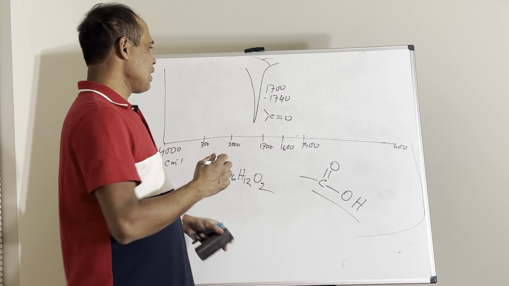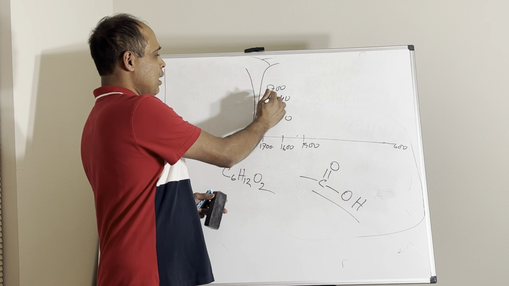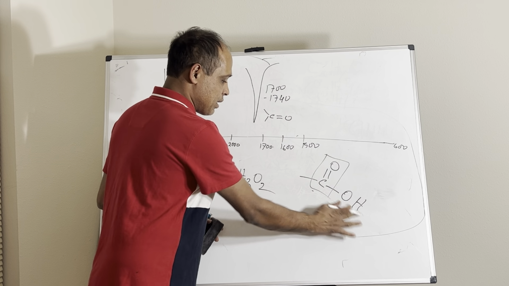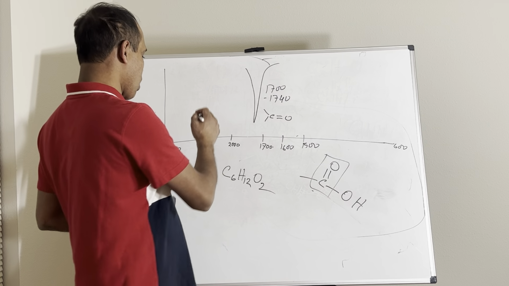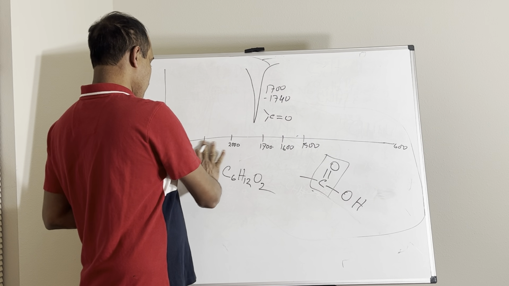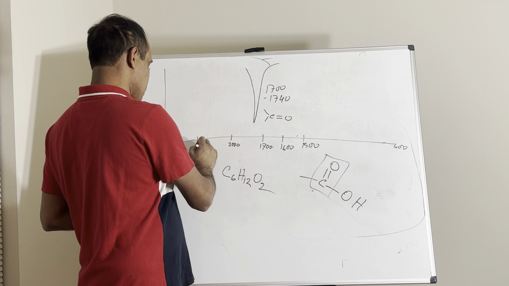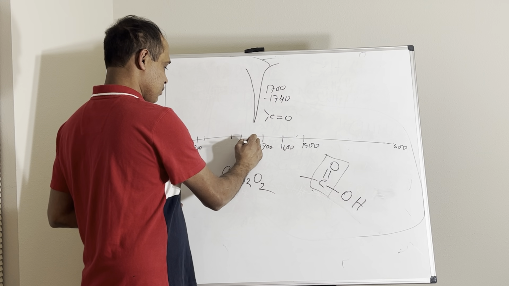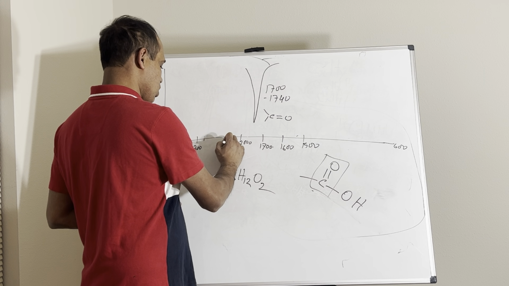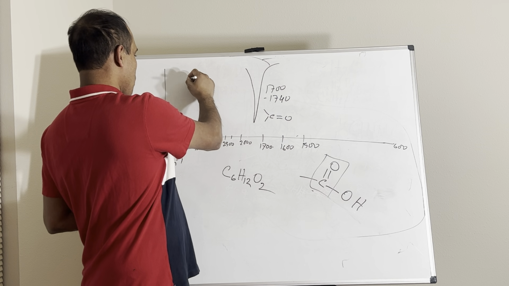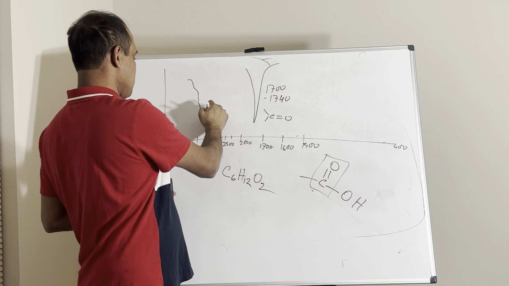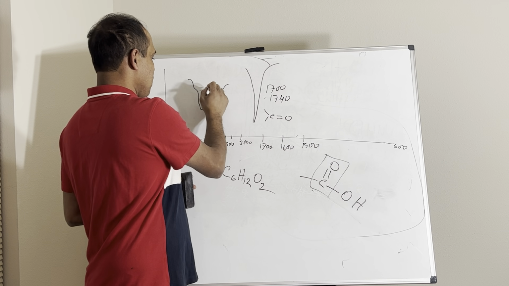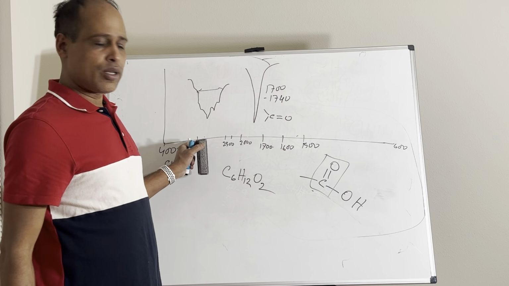For the carboxylic acid, definitely you will see one carbonyl peak, but along with that it has a hydroxyl. So normally, if I expand the scale a little bit here, like 3000, and maybe here 2000, and maybe here 2500, for the carboxylic acid you will always see a very weird shape, a broad peak from 2500 to 3000.